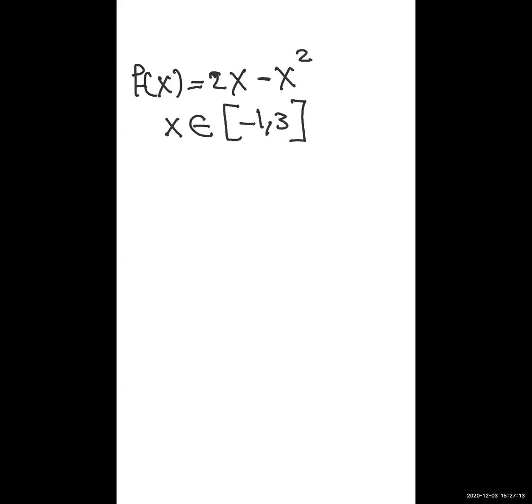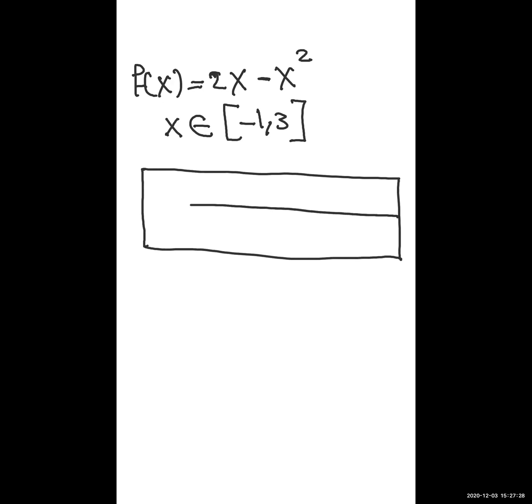Before, we assumed the numbers of x so that we could get f of x. Now it will be given as an interval, okay? So the first step, I'm going to draw the table as usual, but this time I will not assume values. So x here is given on an interval, and now this one is f of x. The interval is -1 and 3.